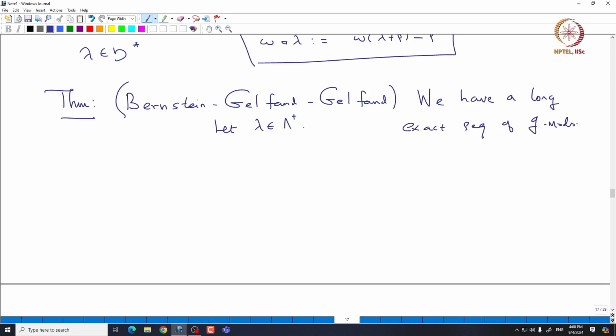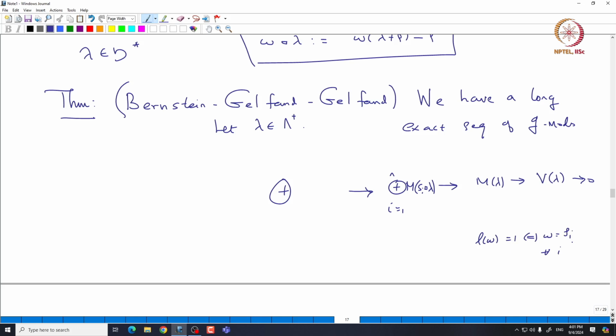How is the resolution given? It starts with V lambda, the second term being M of lambda, and the third term being the direct sum of M of s_i dot lambda for i ranging from 1 to n. Then the fourth term, so this resolution goes by the length of w. These s_i can be treated as length 1 elements: the length of w is 1 if and only if w equals s_i for some i.